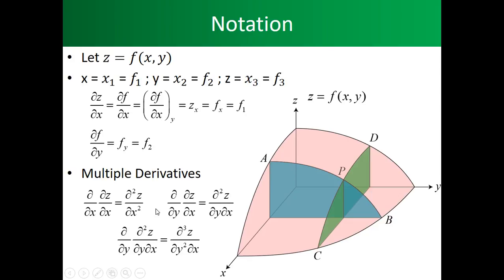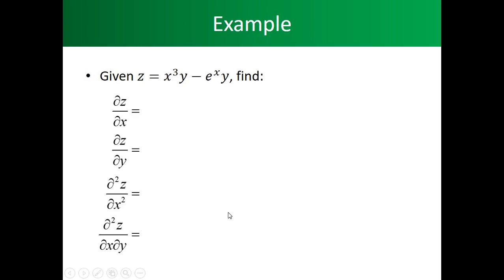Then we can also take the partial in respect to y, and we're taking a partial of z in respect to x, and then we have the partial squared of z, we're taking it twice, in respect to x and the partial in respect to y.